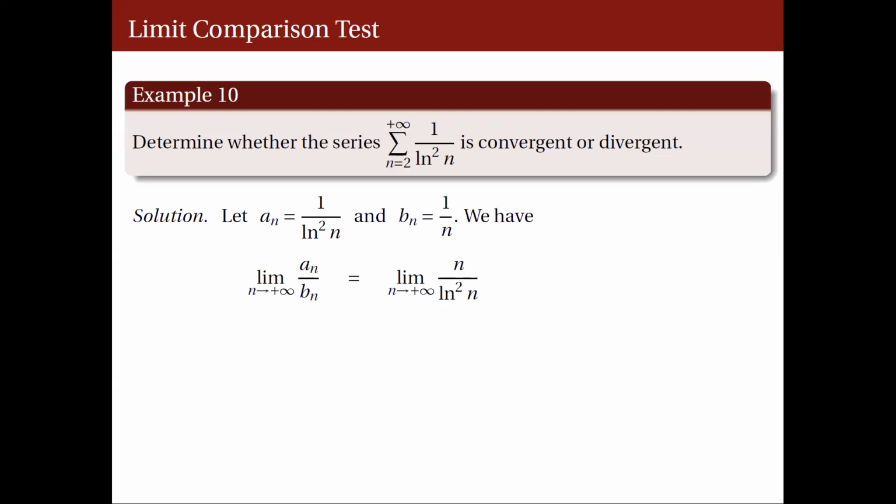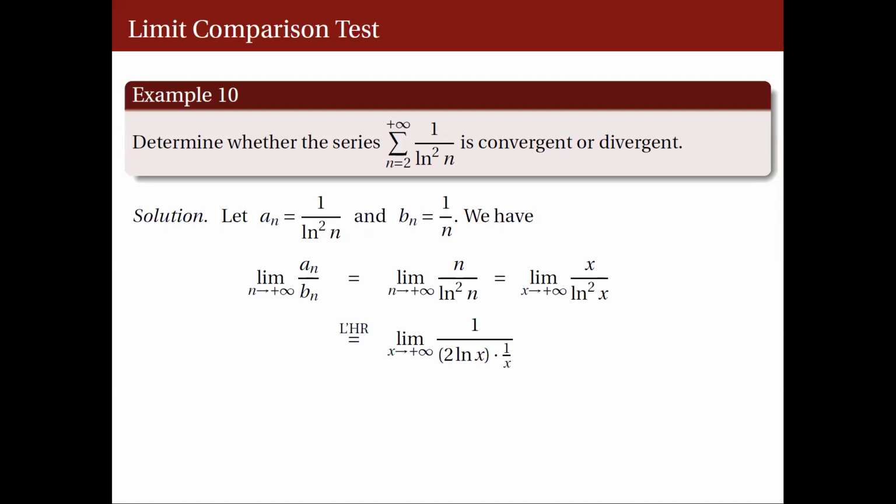I-evaluate natin ang limit ng a sub n over b sub n as n goes to infinity. Tandaan natin that n is a natural number at para magamitan natin ng L'Hopital's rule itong problem dahil ang form niya ay infinity over infinity, kailangan muna natin isulat ito as a limit of some real number x going to infinity.